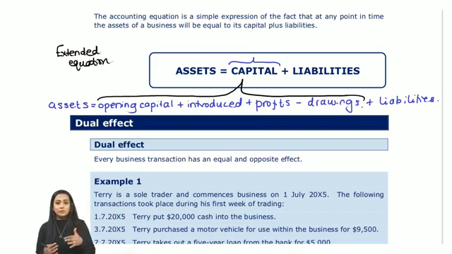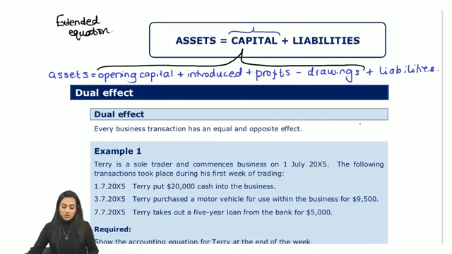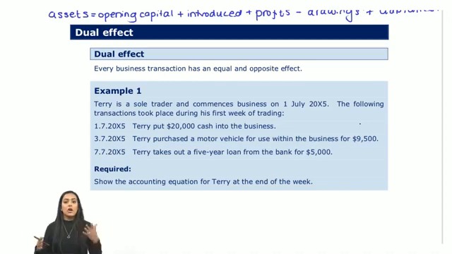And in order for it to hold true, two things must happen. And this is known as the dual effect. What comes up, something else must come up as well. Or if one thing goes up, that same thing has to go back down as well. This is the accounting equation. So we start off with this example, Terry.